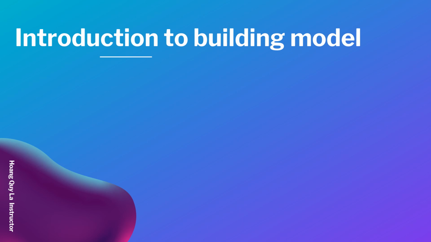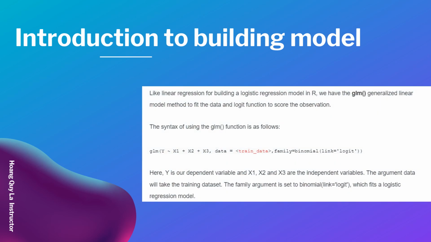So it's a good time to talk about building the model. Like linear regression, for building a logistic regression model in R, we have the glm generalized linear model method to fit the data and the logit function to score the observations. The syntax using the glm function is as follows: glm of y tilde x1 plus x2 plus x3, data equal to train data, and family equal to binomial with link equal to logit.